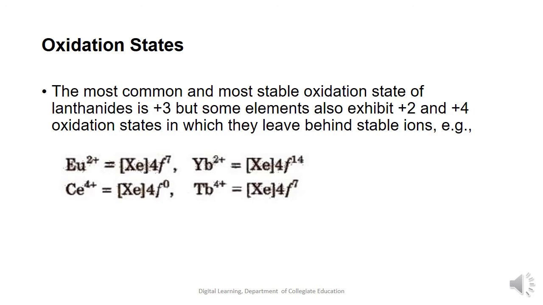When we look upon the oxidation states of the lanthanides, it is found that the most common and the most stable oxidation state of lanthanides is +3, but some elements also exhibit +2 and +4 oxidation states in which they leave behind stable ions.